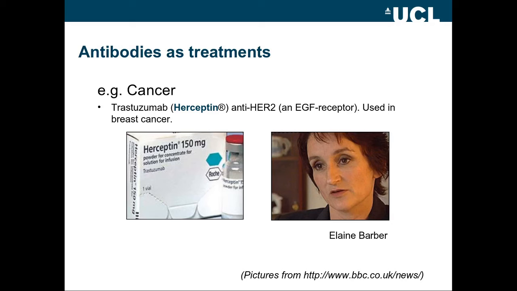So trastuzumab, also known by its commercial name of Herceptin, binds to HER2, which is an EGF receptor, and that HER2 is often overexpressed in breast cancer, and therefore having an antibody that binds to HER2 can not only help to identify and kill those cancer cells, but also simply stops EGF from interacting with the HER2 and causing those cells to grow and divide.